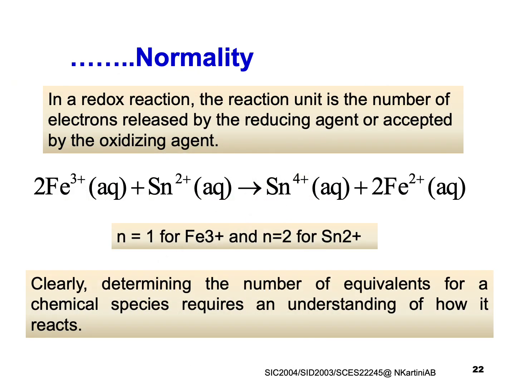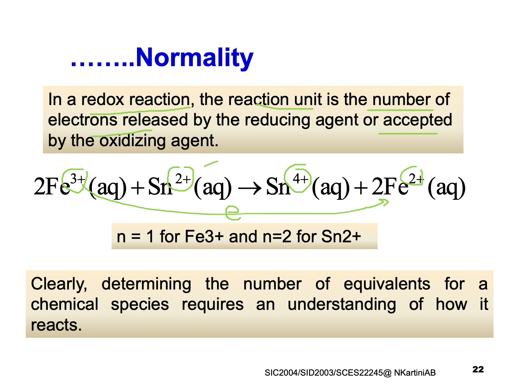When referring to other reactions, in this case redox reactions, the reacting unit is the number of electrons released or accepted by the reducing or oxidizing agent. So in this case, you can have a look here. This is tin, which will be oxidized to tin 4+, whereas iron 3+ will be reduced to iron 2+. So for the iron, only 1 electron is involved, which is released from this ion.